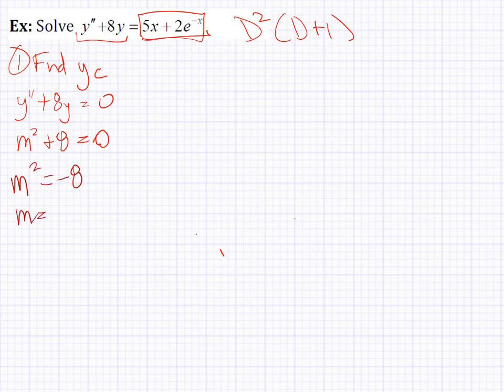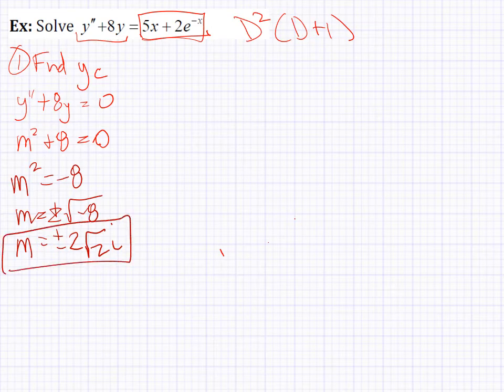So m equals plus or minus the square root of negative 8. So that's going to give me m equals plus or minus 2 square root of 2i. Okay? And because 2 square root of 2 is how you simplify the square root of 8, you should be able to handle that. And there we go.